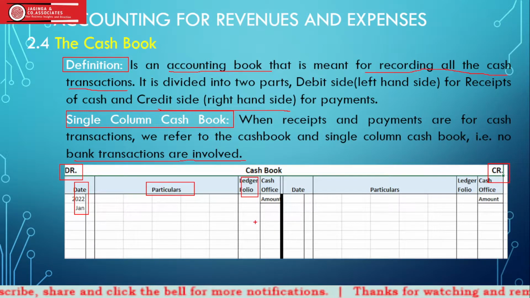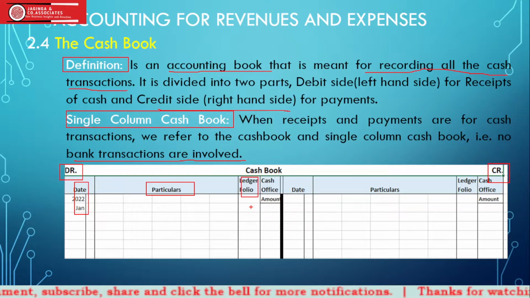The ledger folio here is just to enter the page of the ledger. For example, maybe we are getting a payment from a customer, and from the ledger of that customer, or rather from the ledger of the sales, we'll record we've received the cash from the customer, and then we'll also come and record cash received in this cash book.